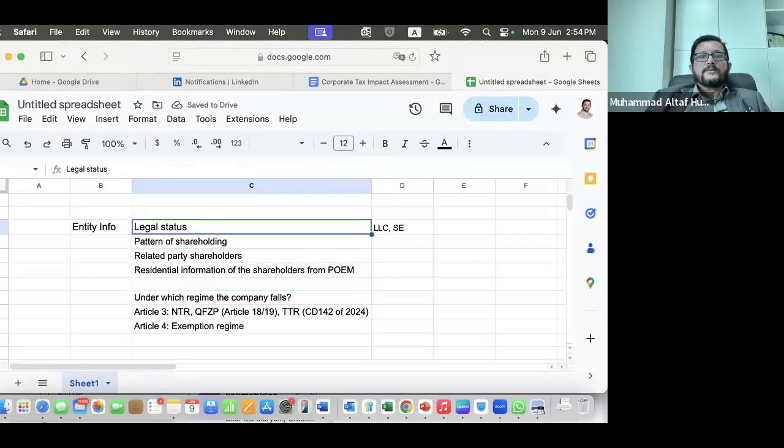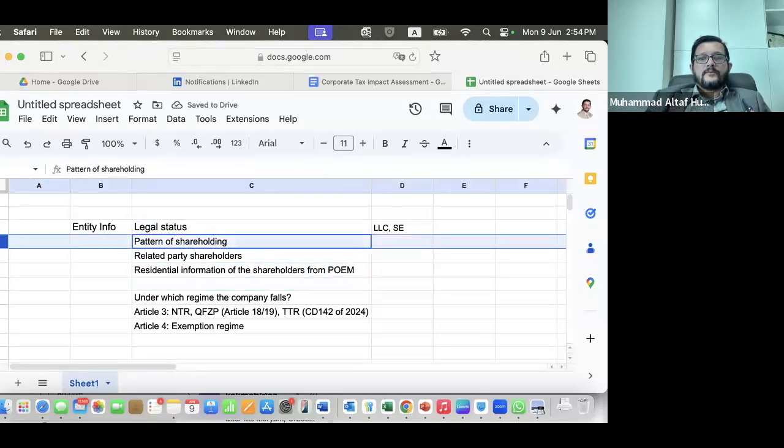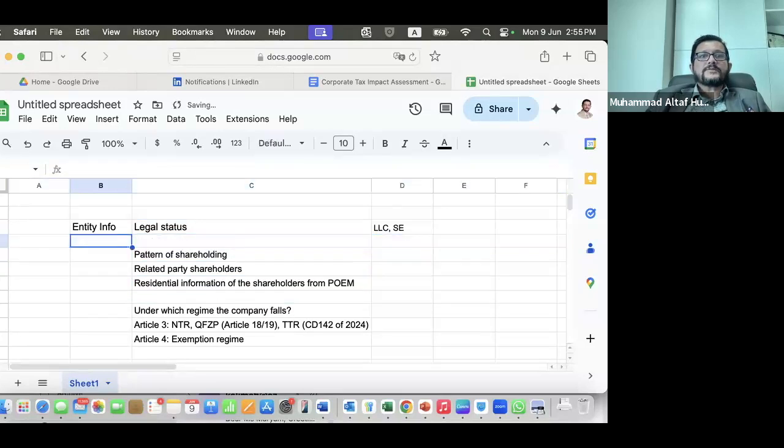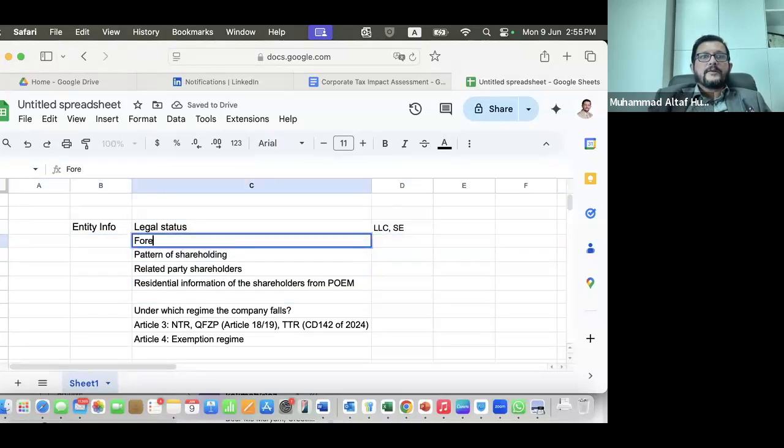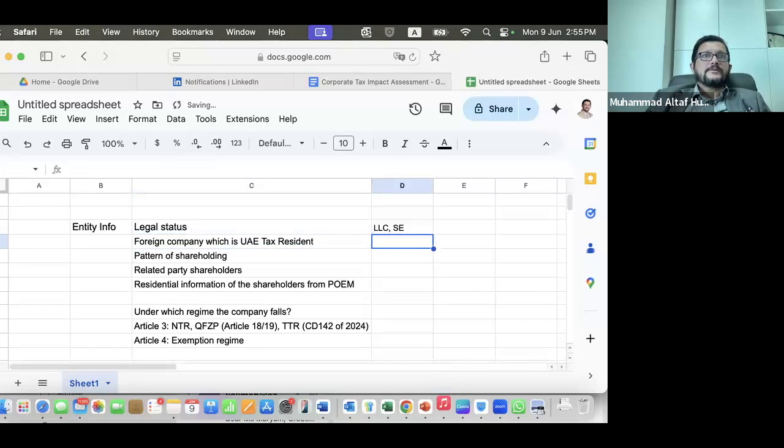Now, legal status. When we say legal status, more questions come into play. For example, is it a foreign company which is UAE tax resident? This we can check.